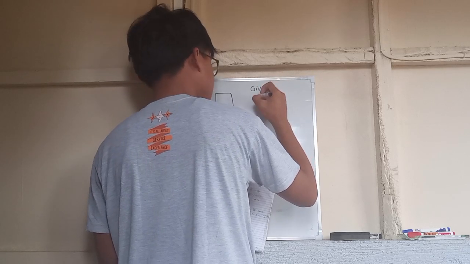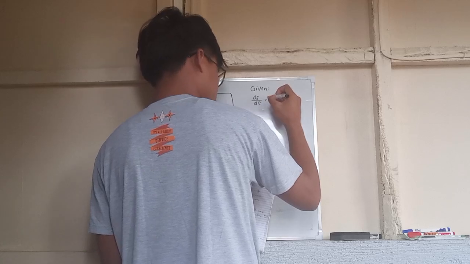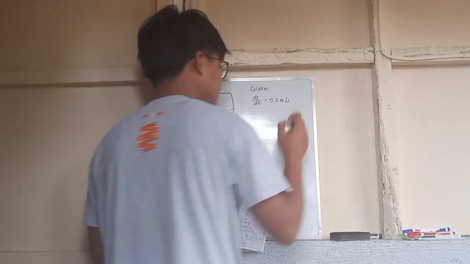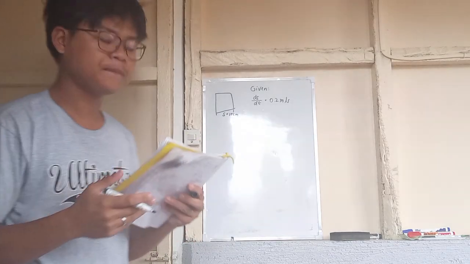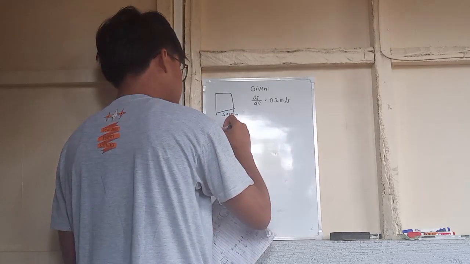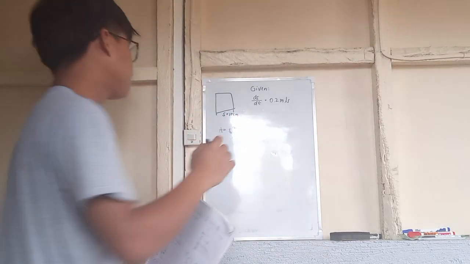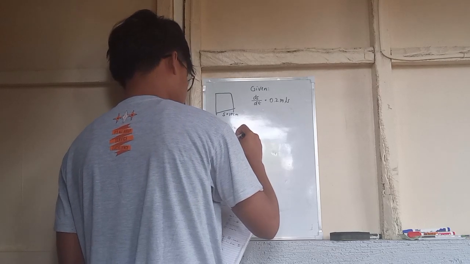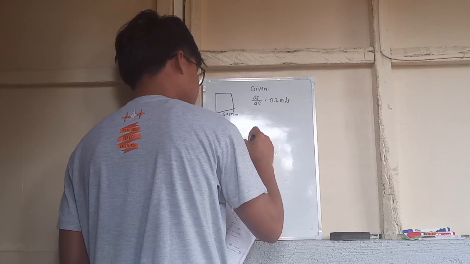It is stated that the rate of the side is equal to 0.2 meter per second. Then we all know that in getting the area of the square, the formula is s squared. Now we'll differentiate the formula, so we get dA over dt is equal to 2s ds over dt.